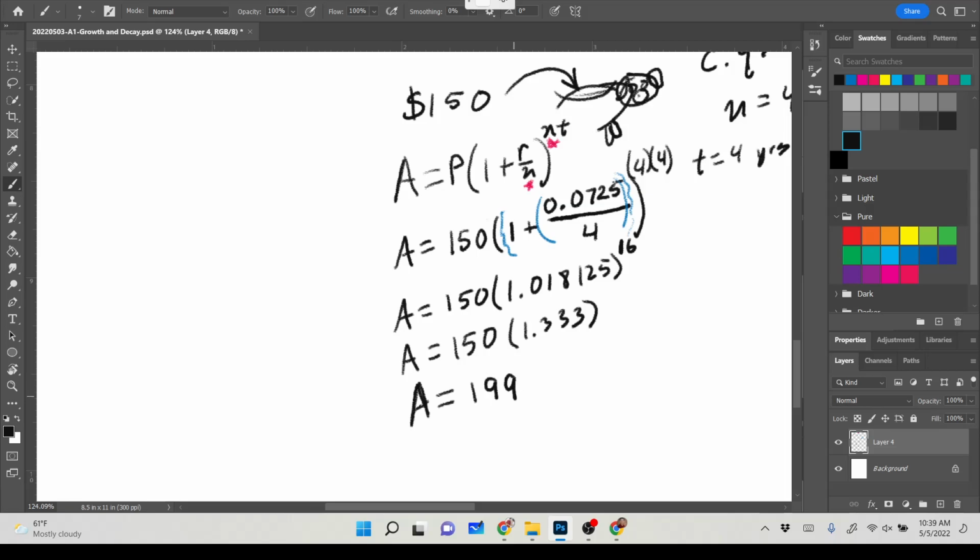Probably because we have our calculator set for scientific notation. That's possible, or it's just a really big number or a really small number. It was a really big number. If you got on number 8 a number so big that it needed scientific notation, you probably did something wrong.